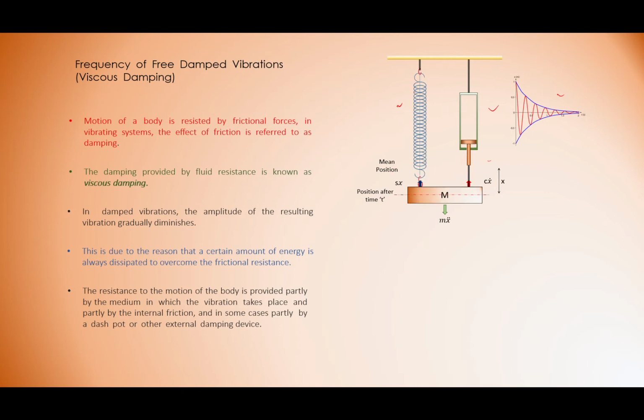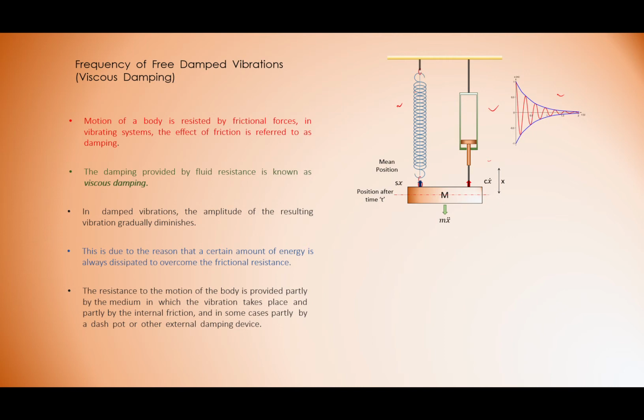As you can see here, when the mass is lowered vertically, the spring extends and the piston inside the cylinder of the damper will move downwards. Both will cause a restoring force actually.